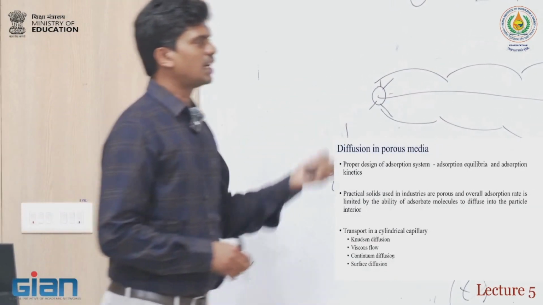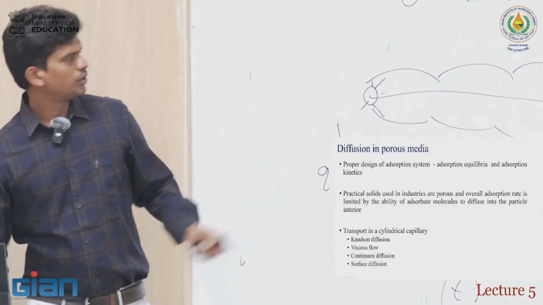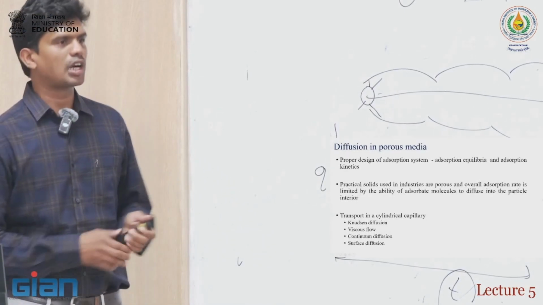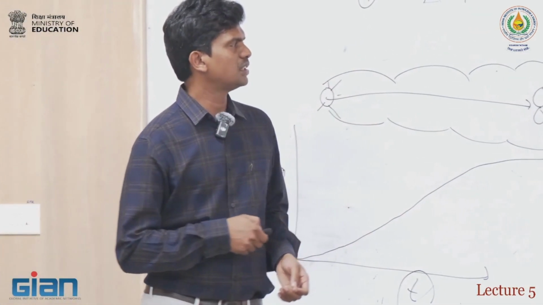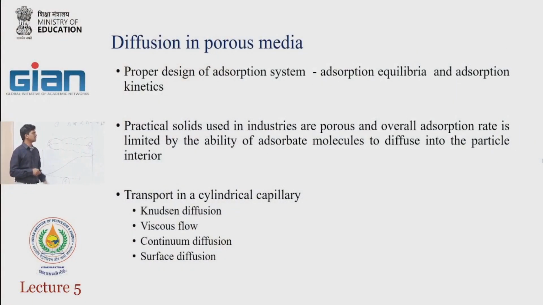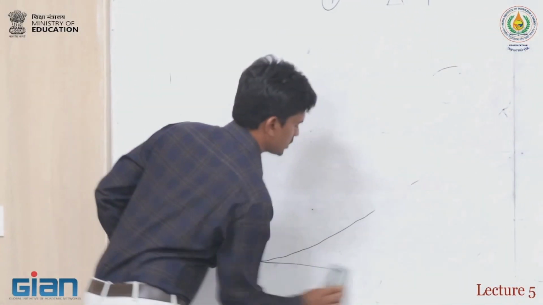Even before going to that, the pore surfaces and all are more complex. So first, let's see what kind of diffusion occurs in a cylindrical capillary. That means we are not considering any pores. We just consider diffusion happening in a cylindrical pore, something like this.